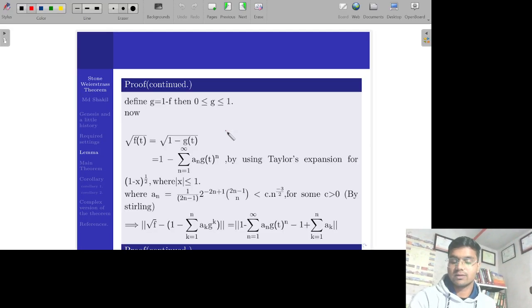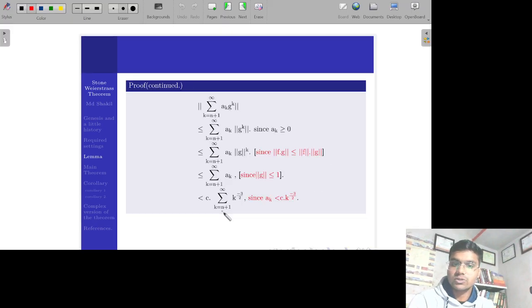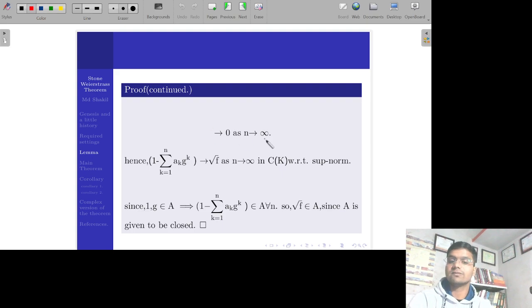Why is it the crux? See here, we estimate the value of this norm. When we subtract this quantity, 1 minus the summation of a k g to the power k, where k varies from 1 to n, from the square root of f, the whole norm goes to 0 as n tends to infinity.